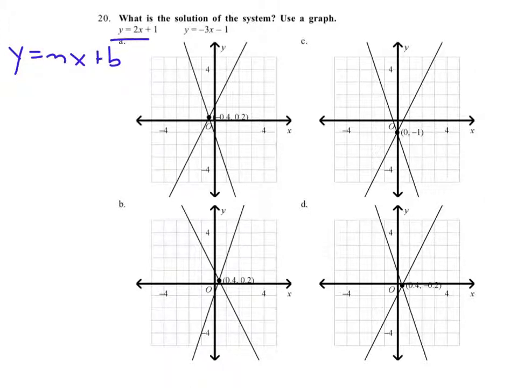You go to the y-intercept, put a point there, and then you rise and run whatever the slope tells you to do, and you'll graph both of the lines separately, and you'll see the point where they intersect. And since you're already given graphs, all you have to do is basically graph the two lines and see which graph has those two lines graphed where they're supposed to be. Hopefully this is just a refresher and you already know how to do this.